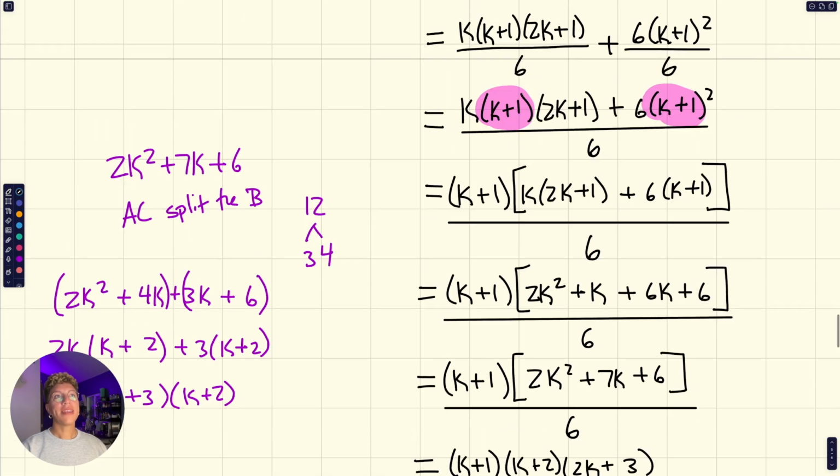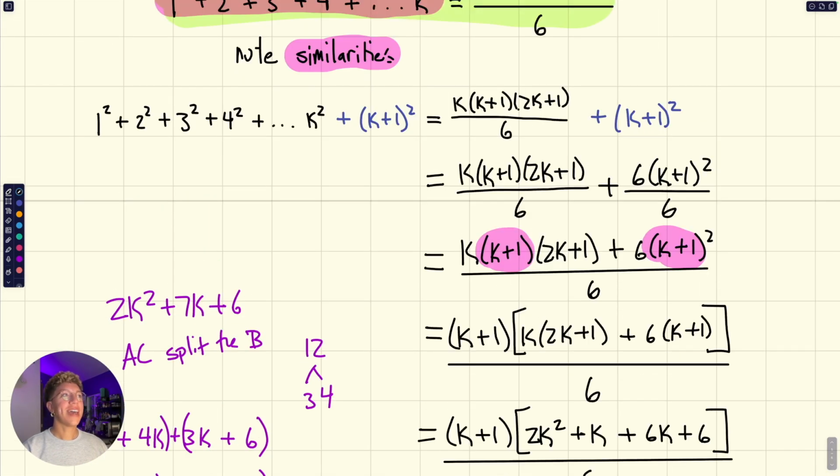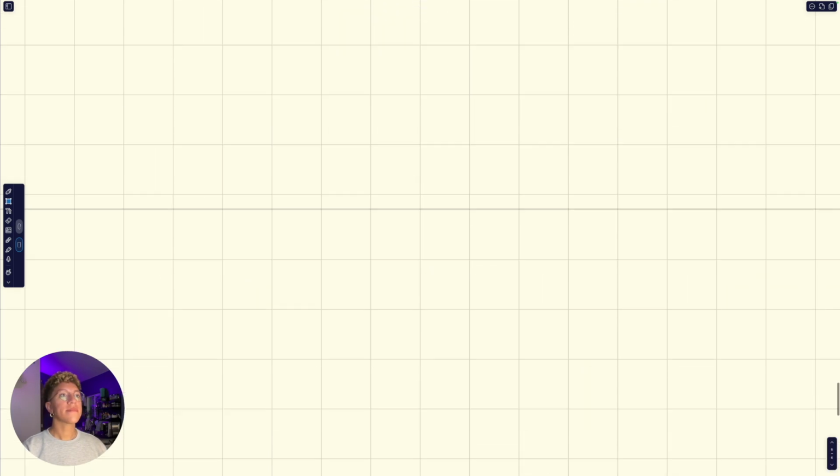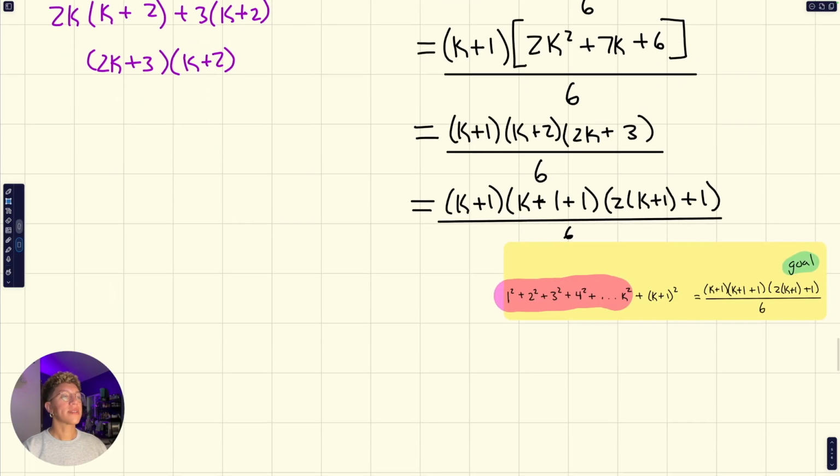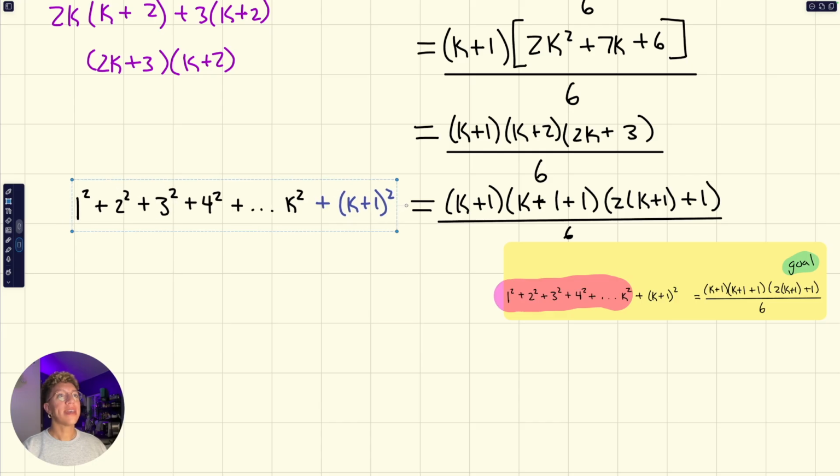And then keep in mind, again, that all of this work is to show that it's equal to our left-hand side, which is this right here. Ooh, goodness. So we get that. We pull that in, and we say that is our goal. That's what we were trying to get to.